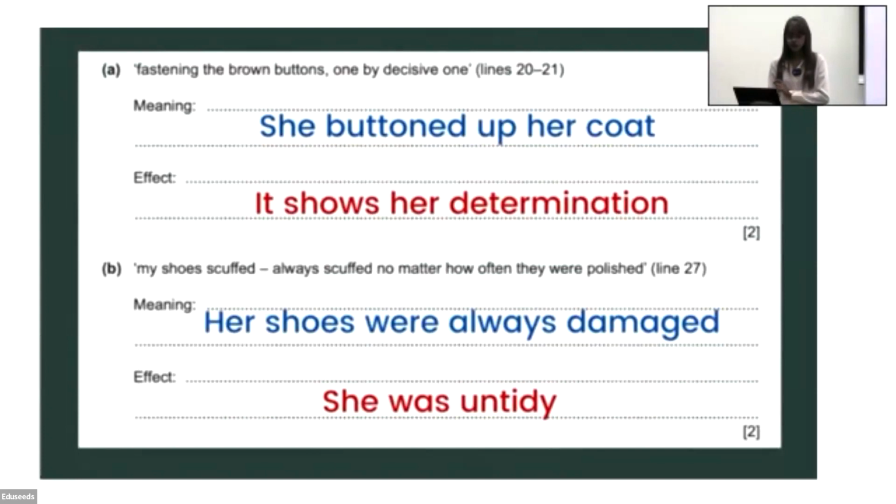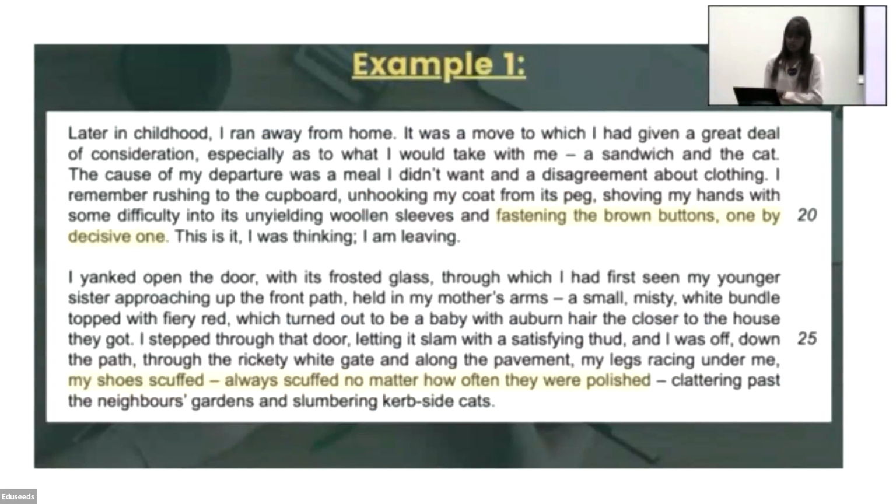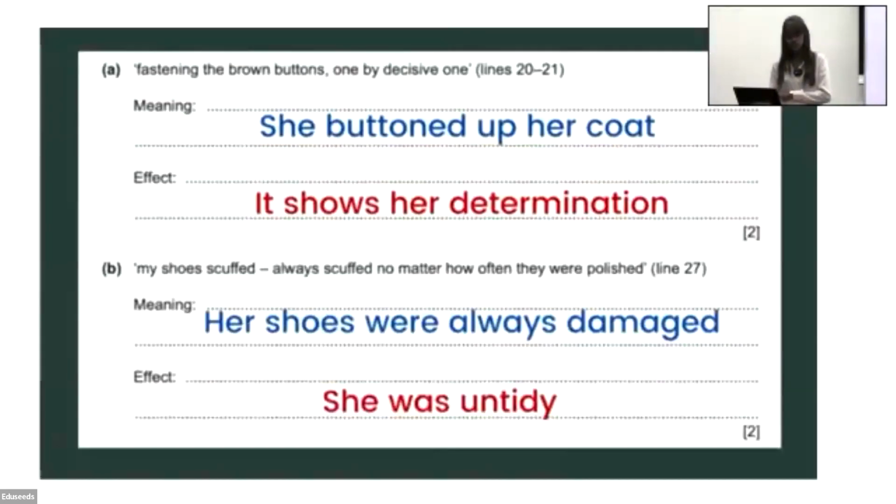The next one, effect. Like I said, effect means what the writer is trying to create, what kind of effect he wants to create on the reader. So the same line, fastening the brown buttons one by decisive one. The writer here is trying to show that she is determined. It shows her determination. This is the effect he wants to have on the readers.